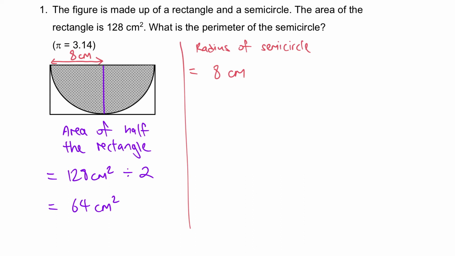So from here, are we able to figure out the perimeter of the circumference? Yeah, so we just need to figure out half the circumference plus the diameter, which is 16. So we can go straight to the answer actually. Perimeter of the semicircle.